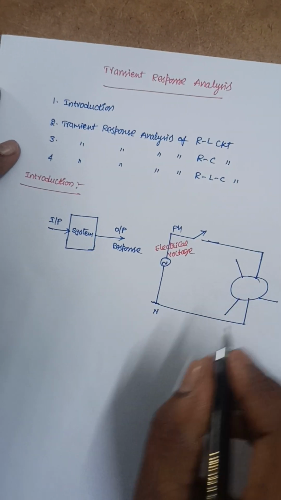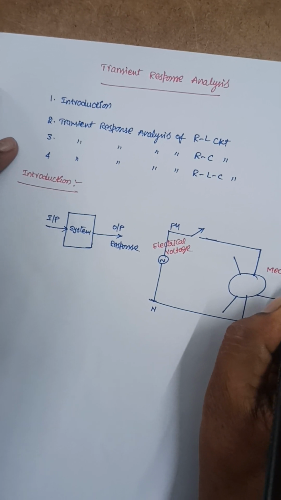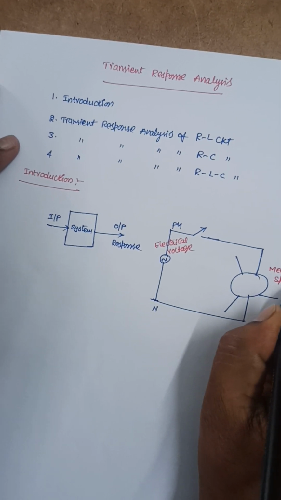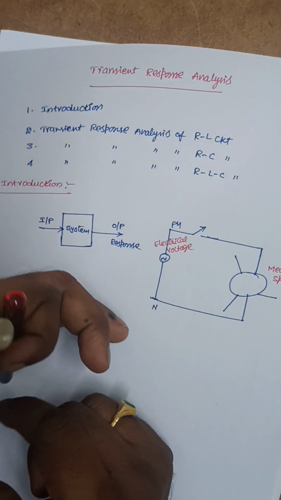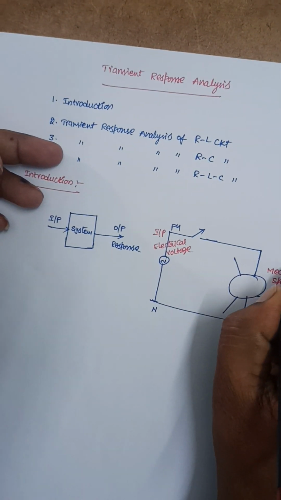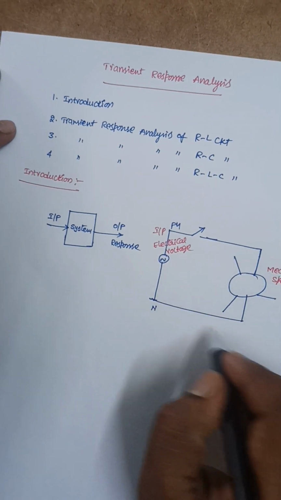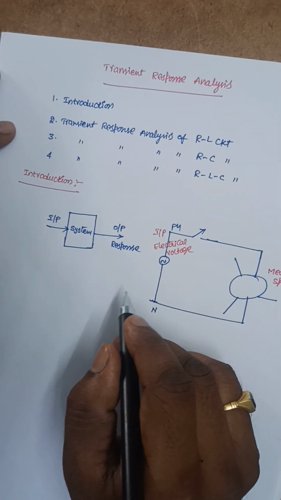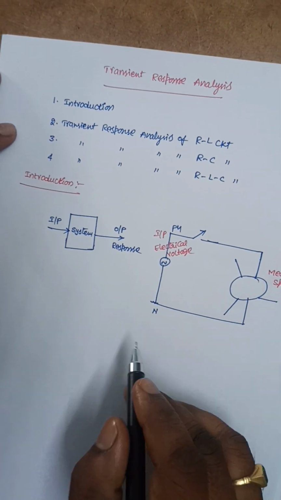And the output here is mechanical speed. The input is electrical, output is mechanical. So system is nothing but a group of elements connected in such a manner that whenever we give the input for the system, it produces the output.